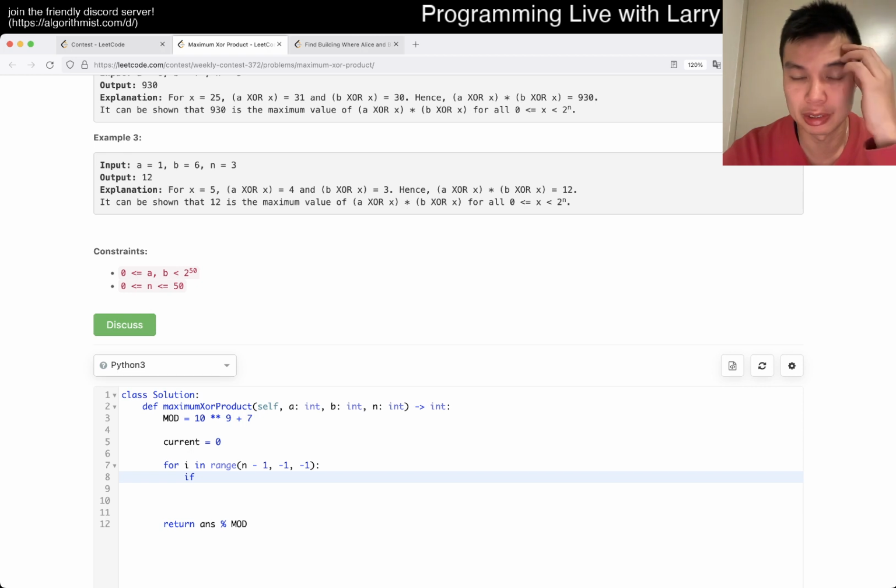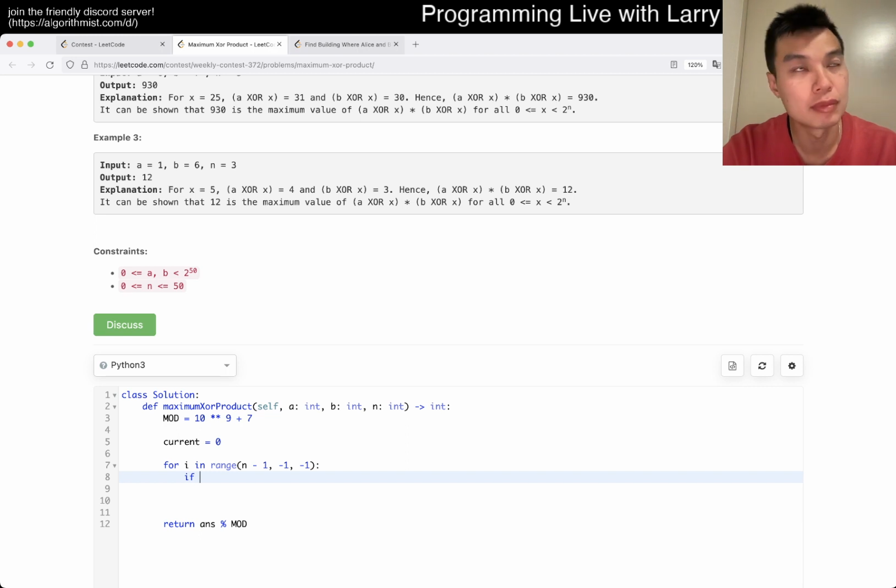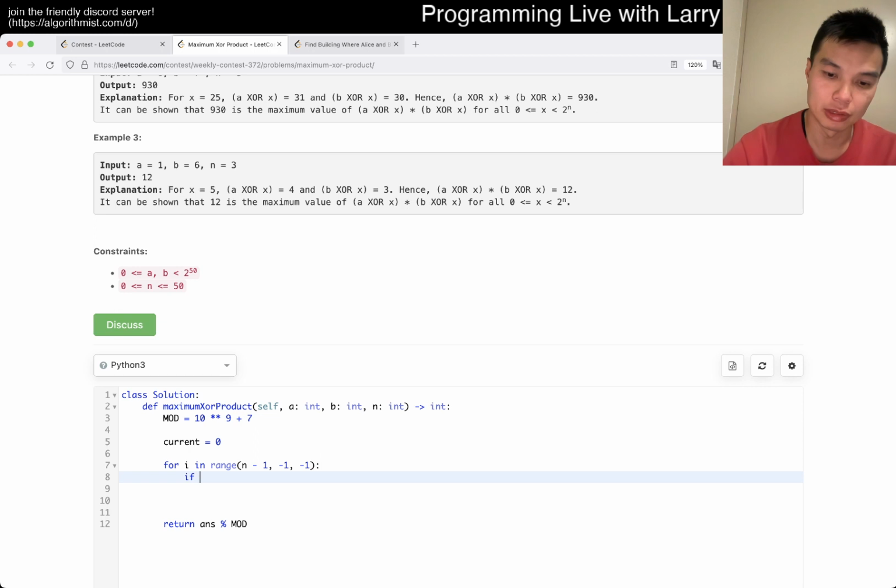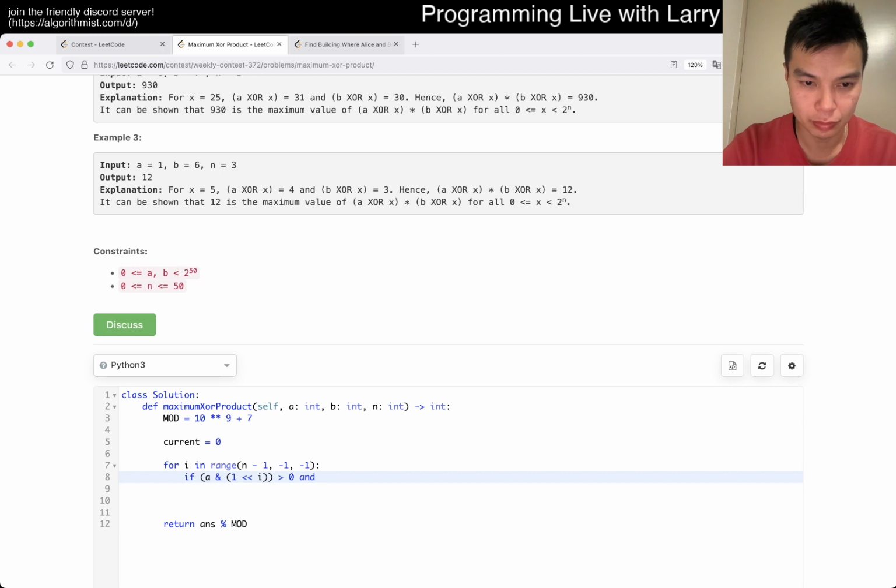Otherwise it just becomes 0 for that bit. So basically if they're the same, I guess you can just do something like this.